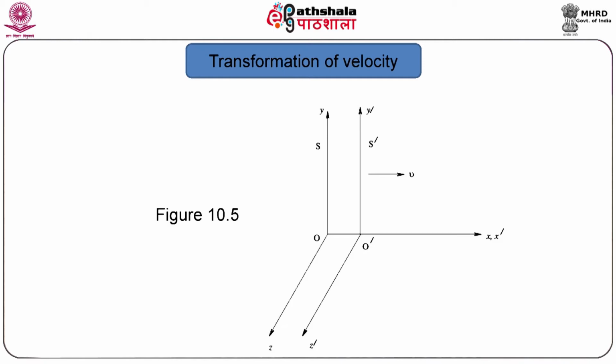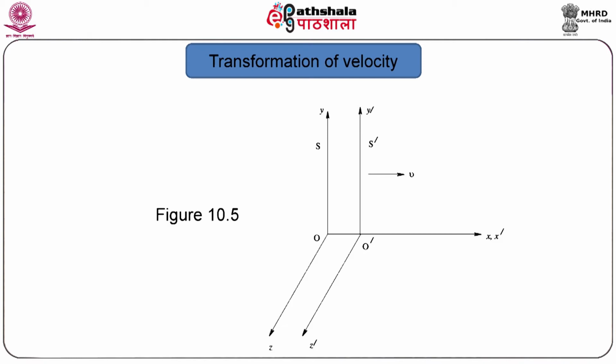In both frames, the coordinate axes OX and O dash x dash coincide. On the other hand, the coordinate axes OY and O dash y dash are parallel to each other. Similarly, OZ and O dash z dash are parallel to each other. S dash frame is moving with uniform velocity v with respect to fixed frame S. As S is a fixed frame, it is an inertial frame.